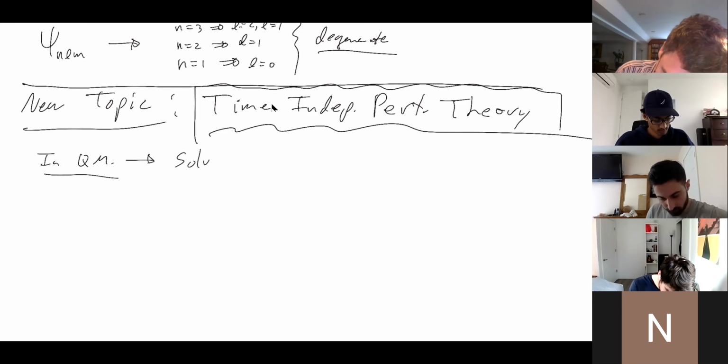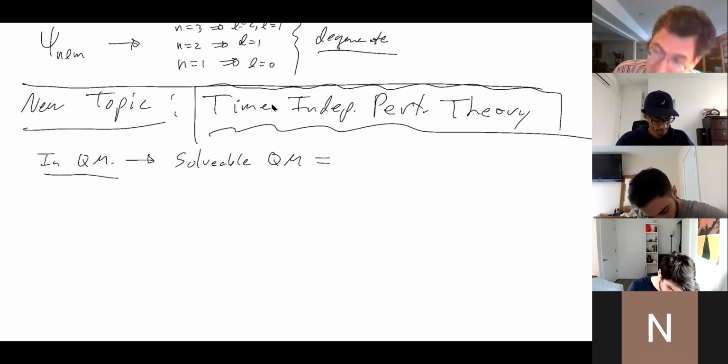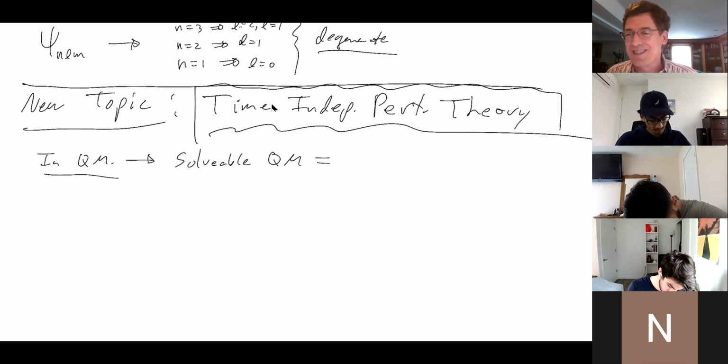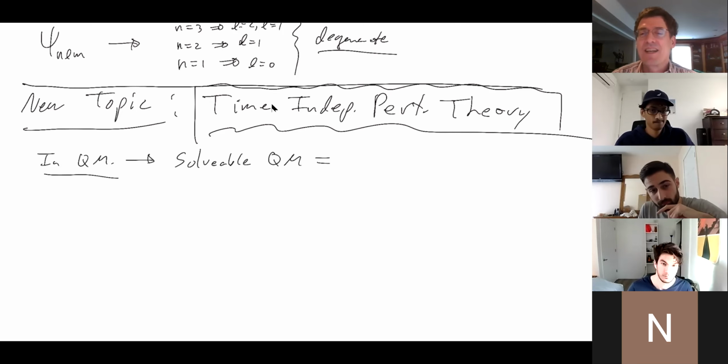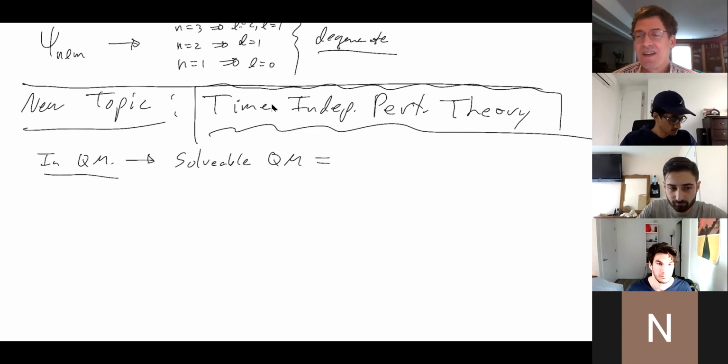It turns out there's really only one problem that we can solve. Does anybody know what it is? The hydrogen atom? The hydrogen atom is an example, but what is it more generally? The particle in a box? The particle in a box is an example, but what is it more generally?